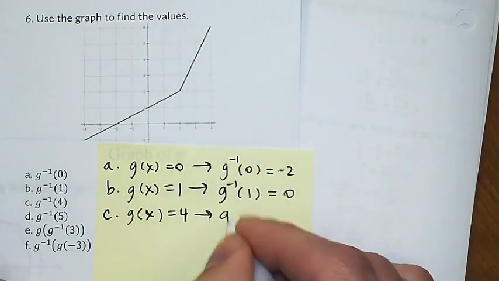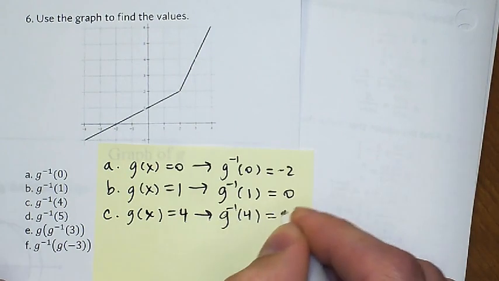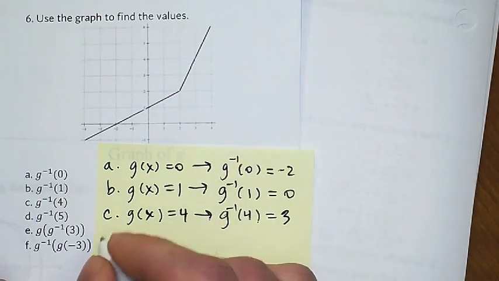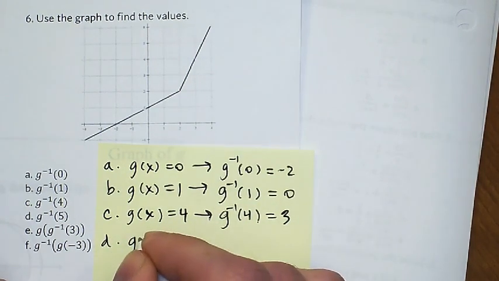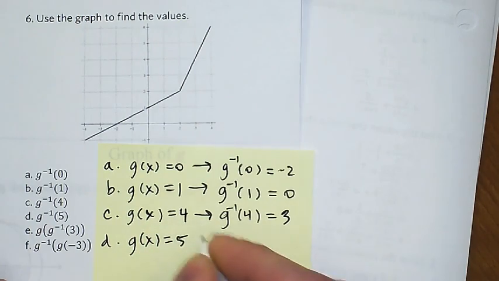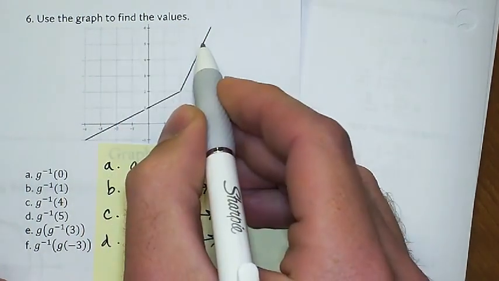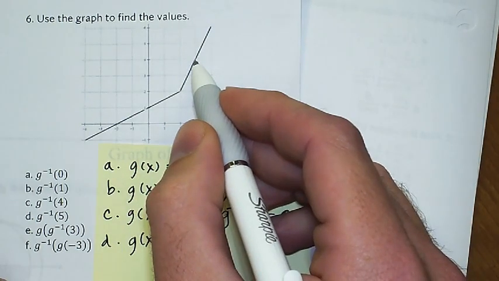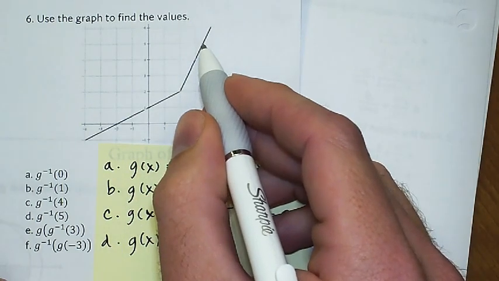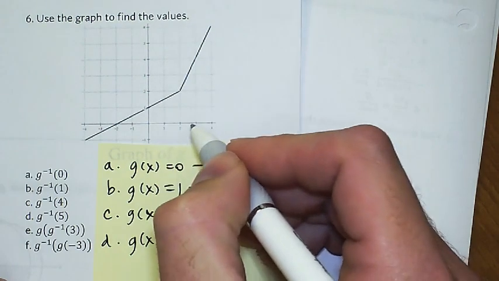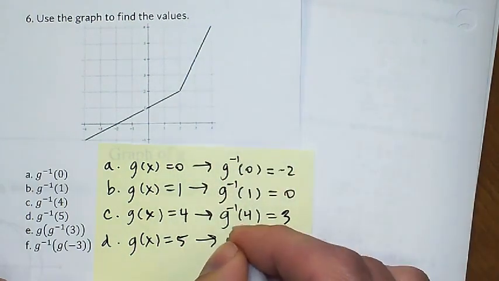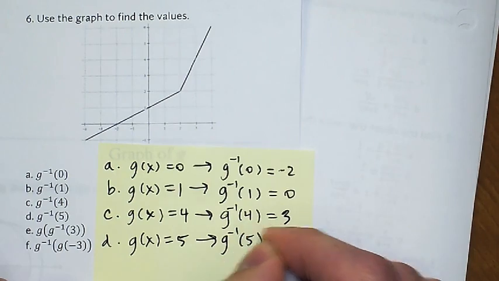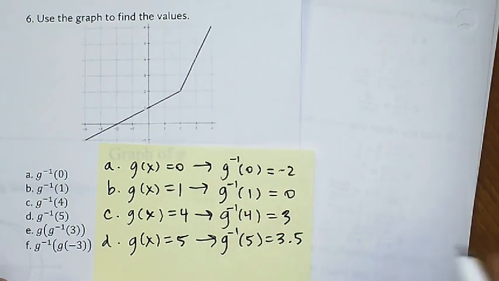That's x equals 3. G of x is equal to 5. Okay, go up to 5, and it's like, oh, no. But I can see that this is a slope of 2, and it's a line, so I know that this is going to happen halfway between 3 and 4, and I'm going to say g inverse of 5 is 3.5.